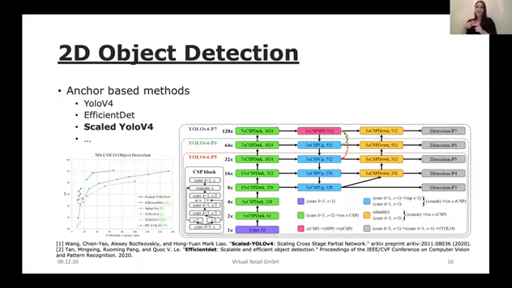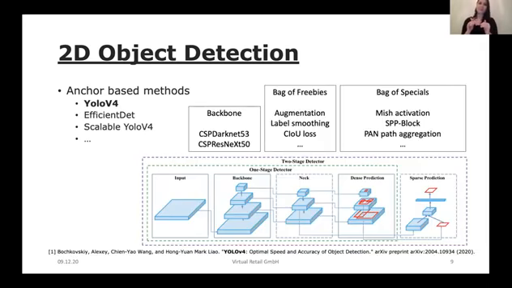Like you can scale the image resolution, the depth and the width of the backbone in a compound way. And EfficientDet takes a step further. Instead of just the backbone, it also scales the feature aggregation pyramid, which is called the neck, and also the prediction, the classification and regression head.